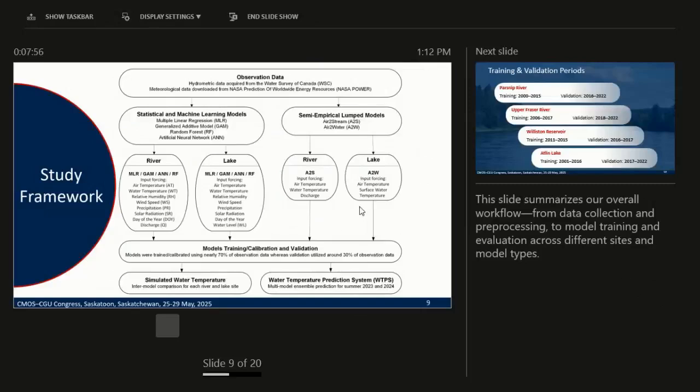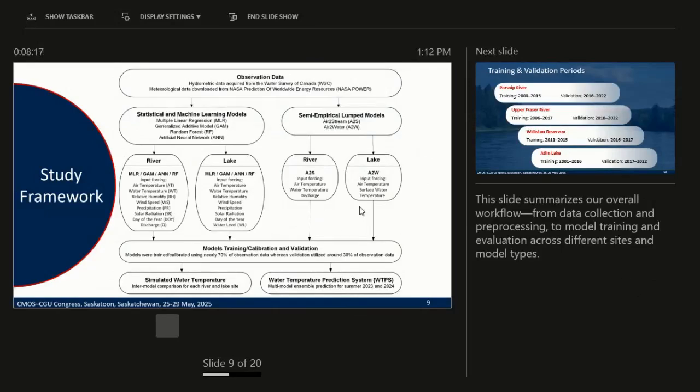Instead of discharge, for the lake side, we use the water level. As I mentioned, air-to-stream and air-to-water have their special inputs. And for the training or the calibration of the models, we use 70% of the data, and the remaining 30% we use for validation and testing.